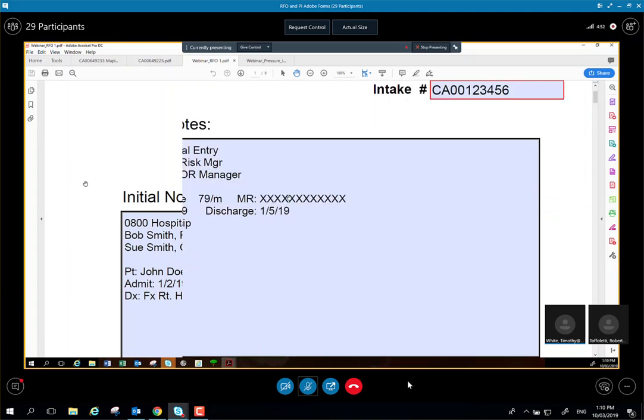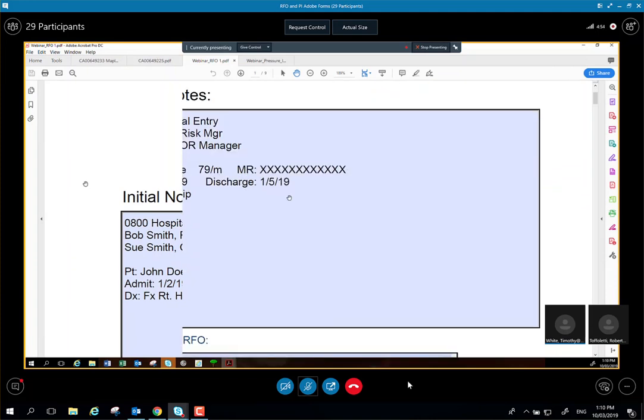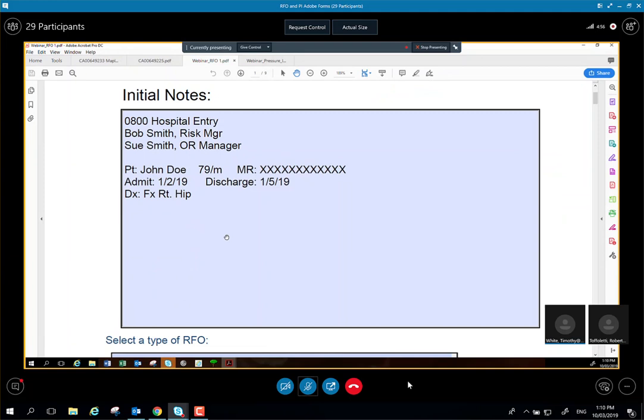The initial notes section is pretty much set up so that the stuff that you normally start your 807 with can be done here. This is sort of how I do it.